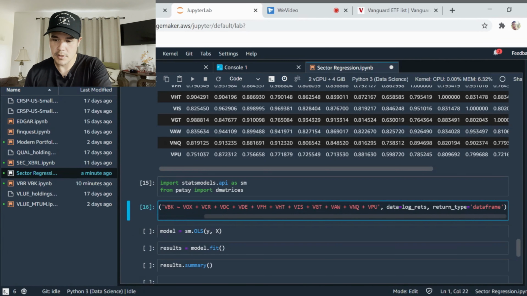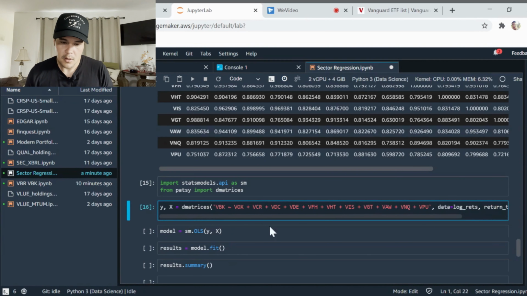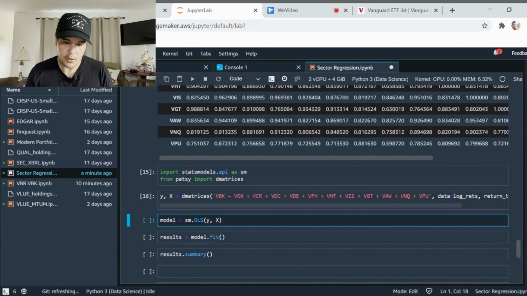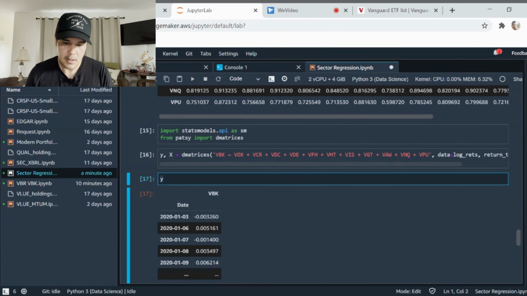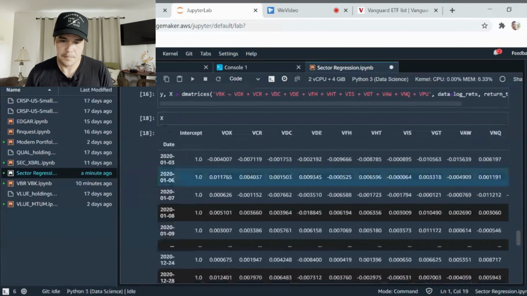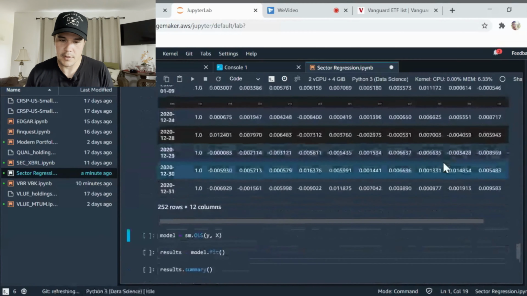Remember, we're using log returns, and this is a data frame. We're going to use ordinary least squares. So we're going to take sm.ols, put in our dependent variable y and our independent variables x. Again, if you want to look at what these look like, the dependent variable is VBK, the small cap growth fund, and our independent variables are all our different Vanguard sector funds.